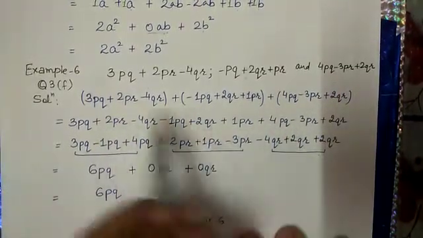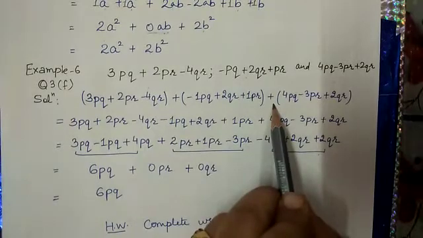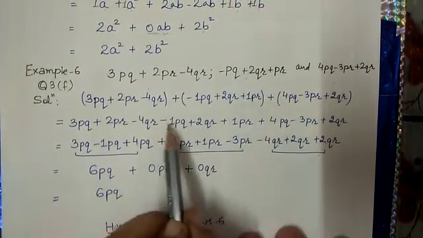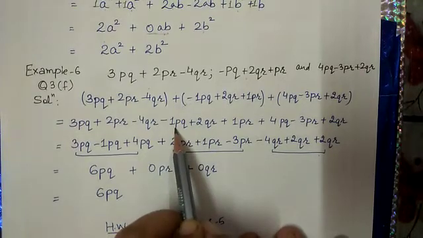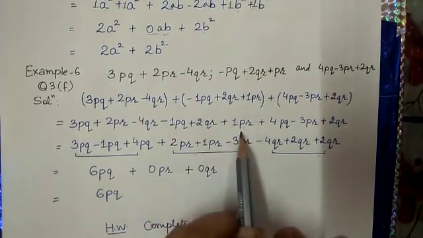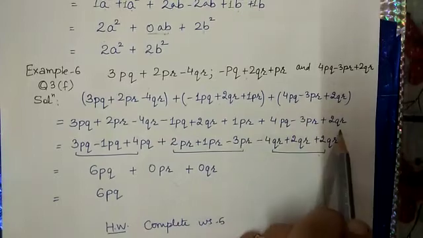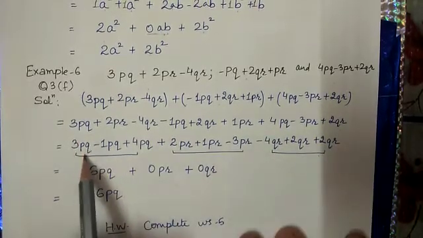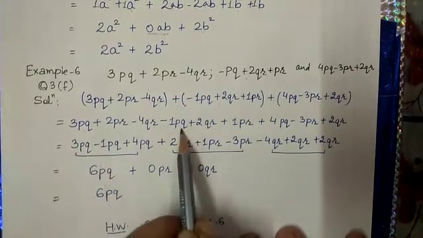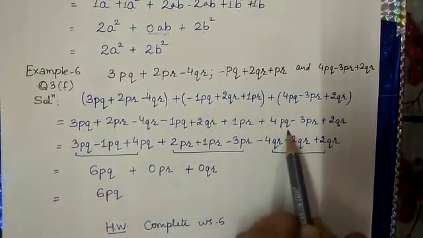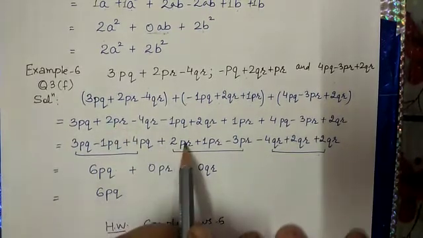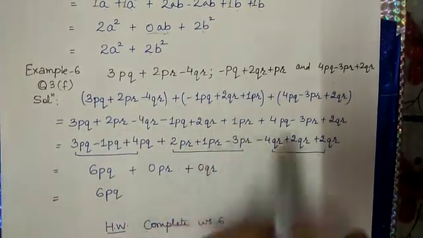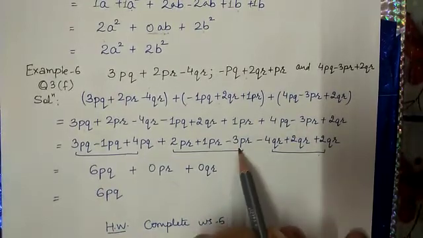When we add, first step, write in brackets. Second step, solve the brackets, that is here plus minus, then 2qr, 1pr, and the rest of the 3 terms will remain the same. Now add the like terms: 3pq minus 1pq and 4pq taken in the first group. Then 2pr, 1pr minus 3pr, second group.